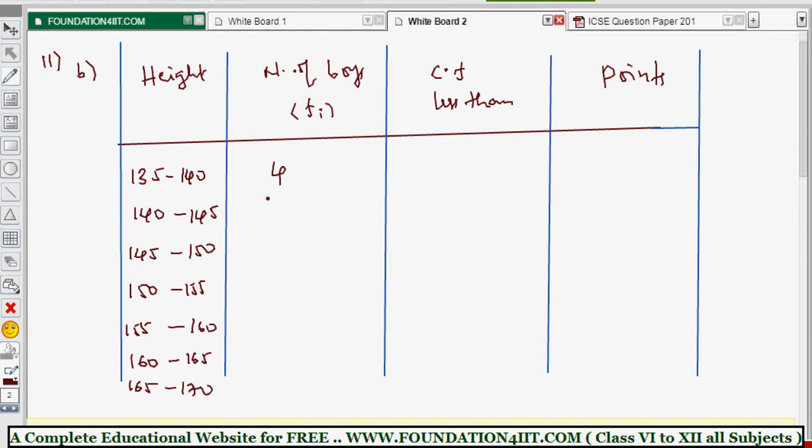The frequencies are 4, 8, 20, 14, 7, 6, 1. This data is given in the question.